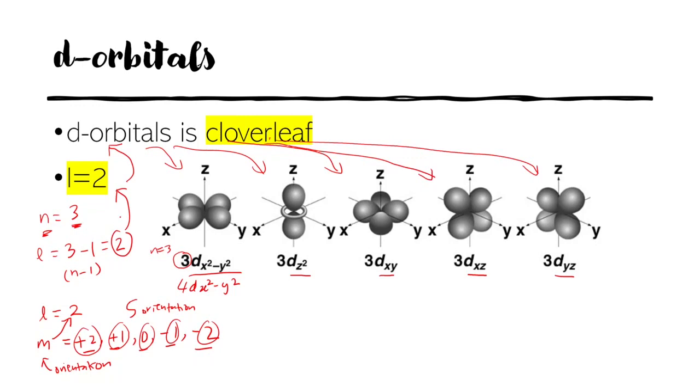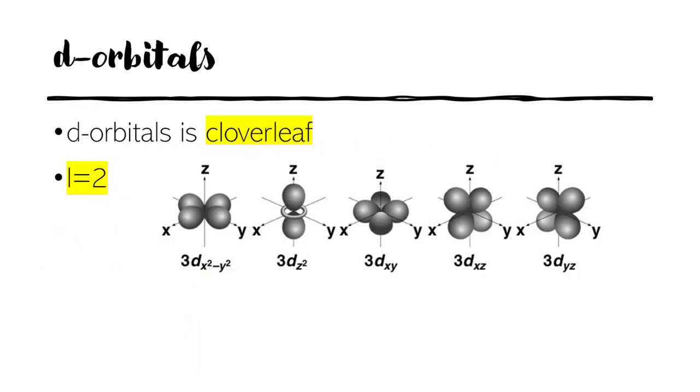Okay, so let's try to draw this, because the learning outcome asks you to be able to sketch. As you can see here, the axes x, y, z are fixed. I'm going to show you how to draw this easily. For this one, the x and y are stated in the name, so you draw axis x and axis y first.